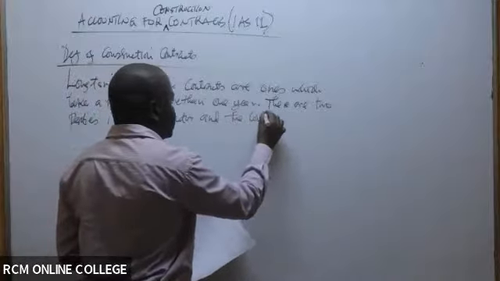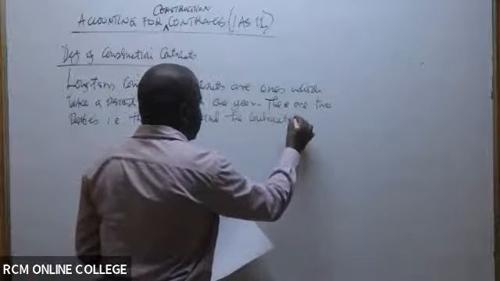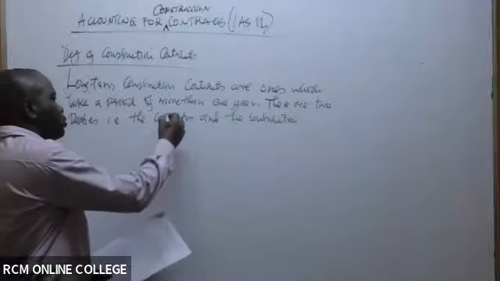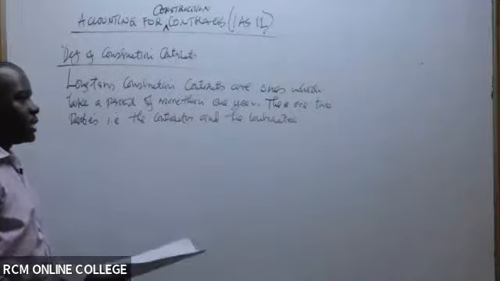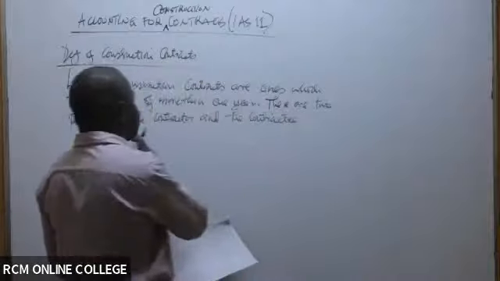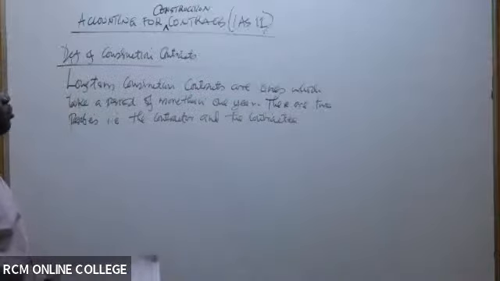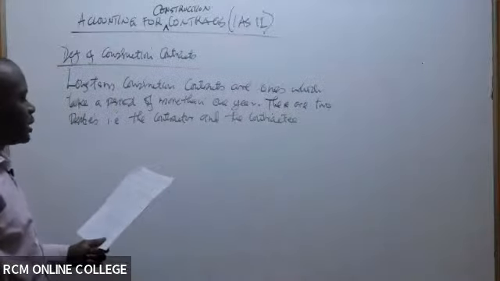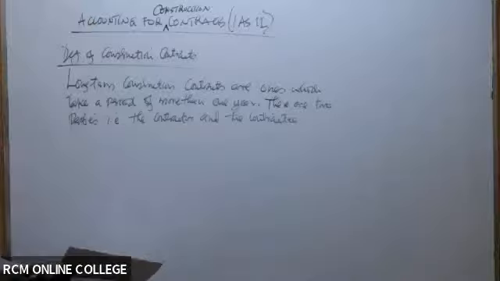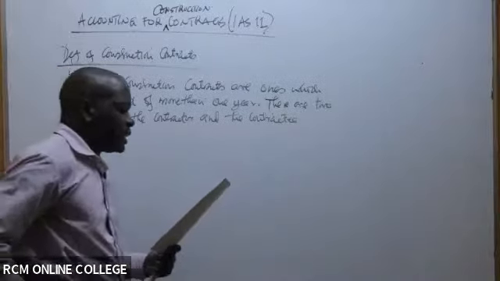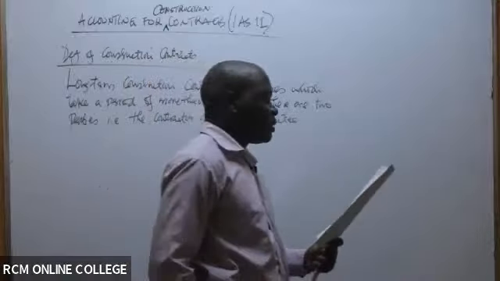The contractor is the one who undertakes the construction of the long-term projects. The contractee is the client, whom the contractor is serving. So maybe the contractee has called upon the contractor to construct a road or a building. So there are two parties here, the contractor and the contractee.